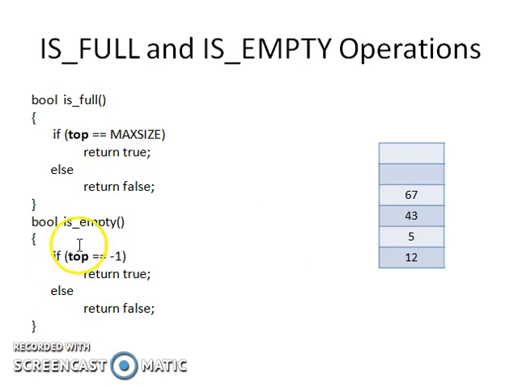So top equal to -1 when there are no elements in the stack. So the condition to be checked for verifying whether the stack is empty or not is top equal to -1. If this is true, then isEmpty returns true. Else the isEmpty function returns false.